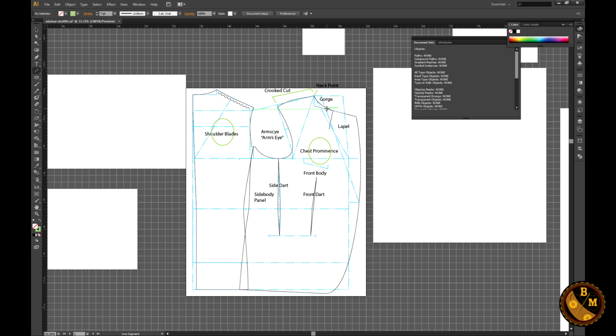That's the gorge of the neck. You can actually call it a neck gorge. The width of your lapel can change. This blue line right here is the front center line.